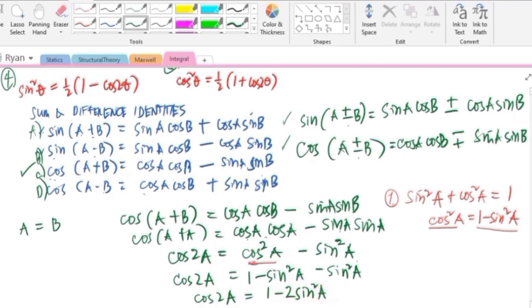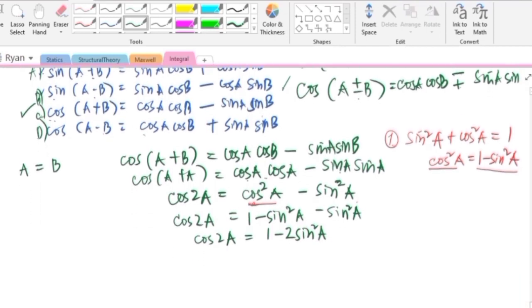So if I am going to express this in terms of sine squared, ililipat ko si sine squared sa left side ng equation, then I would have 2 sine squared A is equal to 1. Si cosine 2A ay ililipat ko sa right side, so I would have minus cosine 2A. So in here, I am going to divide everything by 2 para matanggal yung 2 dyan.